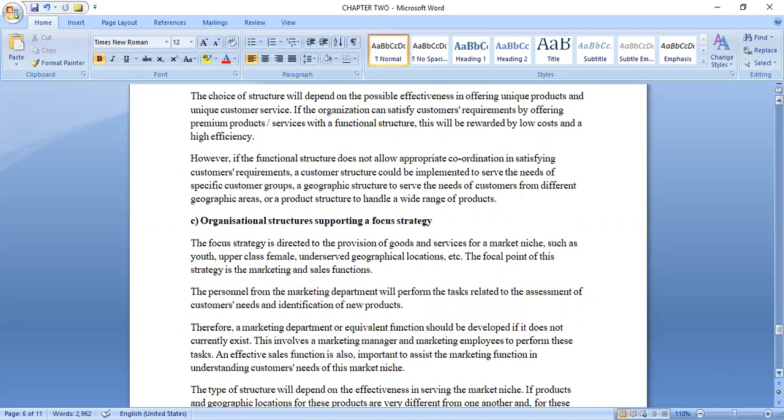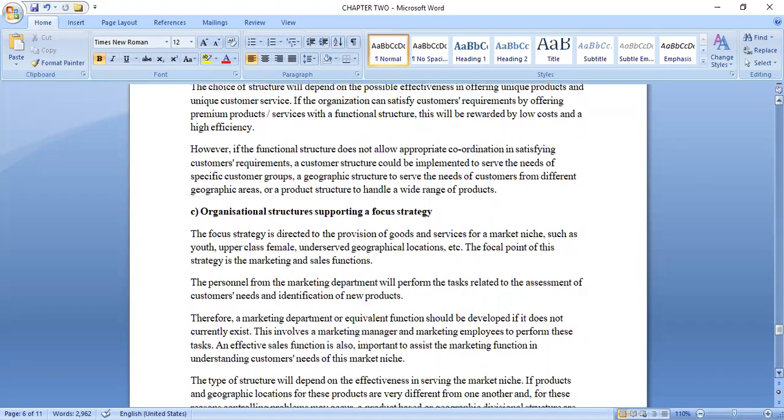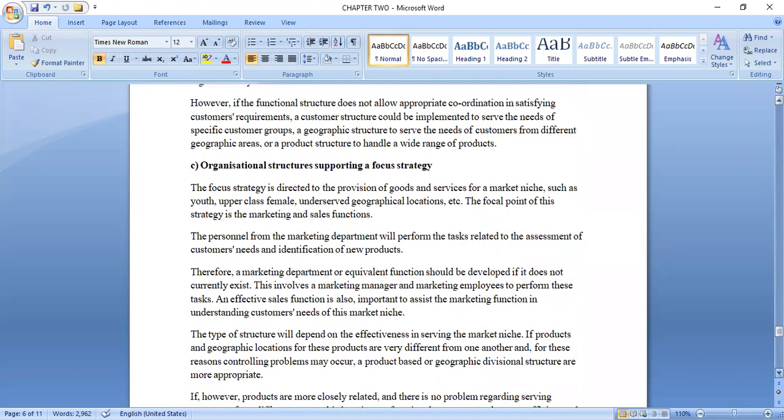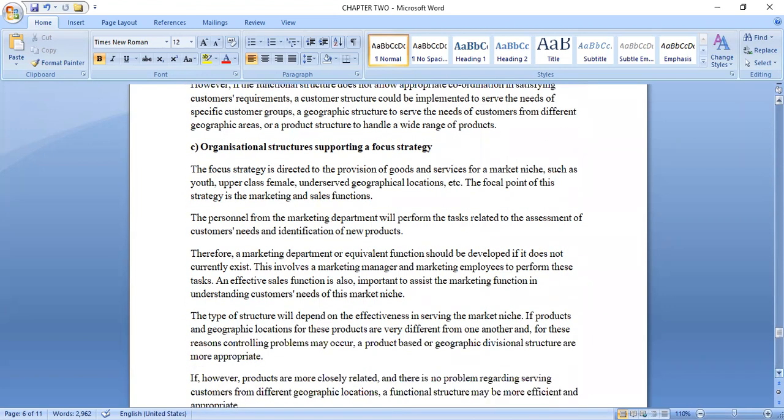If it's not satisfying the customer's needs, then you may need to integrate it with the customer organization function, which we have seen, whereby we shall have different line managers handling different sections of customers. So here the business may even need to use a hybrid organization structure that we have just seen, right?